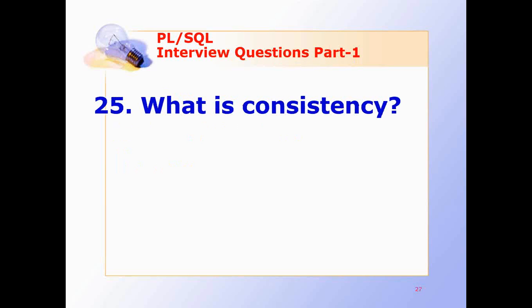What is consistency? Consistency simply means that each user sees a consistent view of the data. Consider an example. There are two users, A and B. A transfers money to B's account.